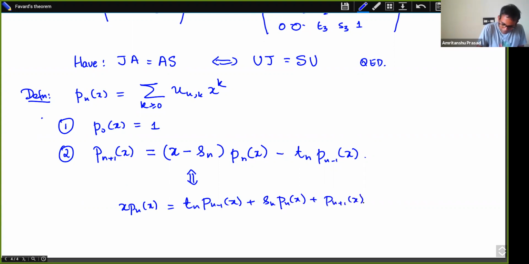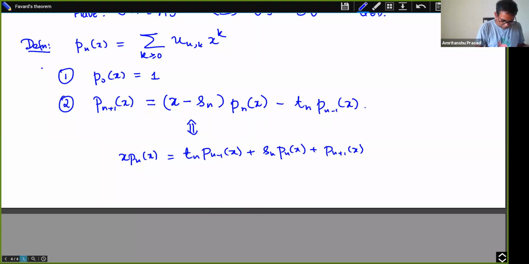This is the form that we see in Stanton's paper. So you take P_n(x) and multiply it by x. It has an expansion which involves only P_{n+1} and P_{n-1}. So that's the observations about this.